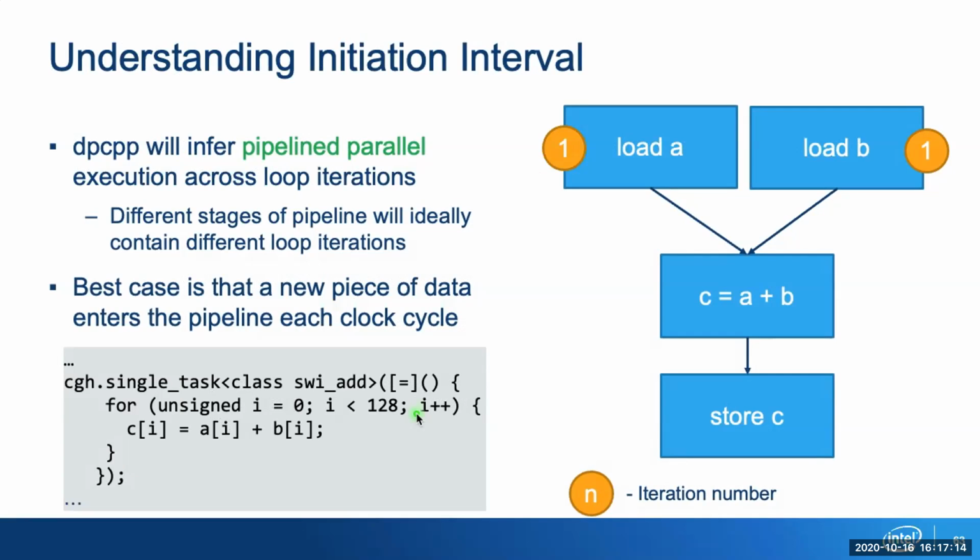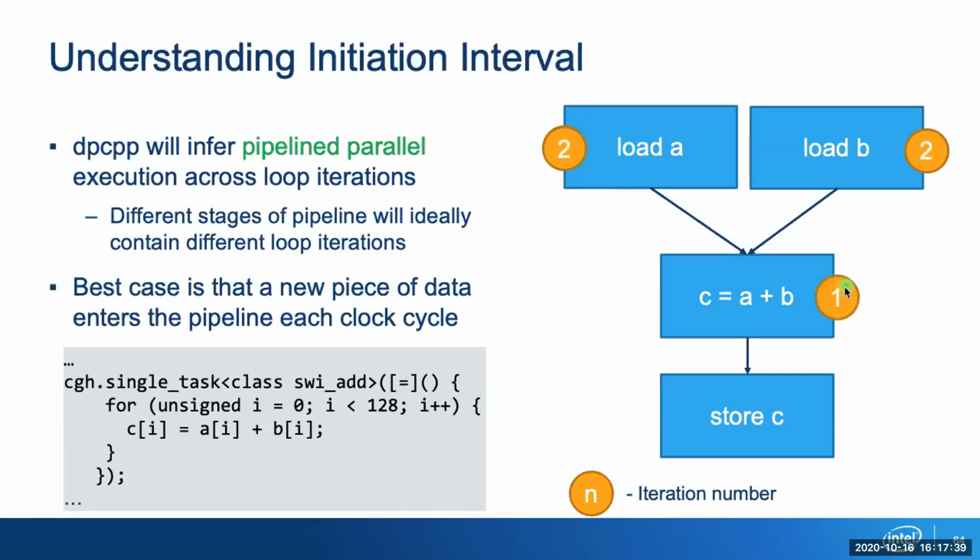Let's understand what initiation interval means, because this is important for optimization in FPGAs. Suppose we have this kind of code, and we have the iteration number here. So the hardware will start the first iteration loading the operands.